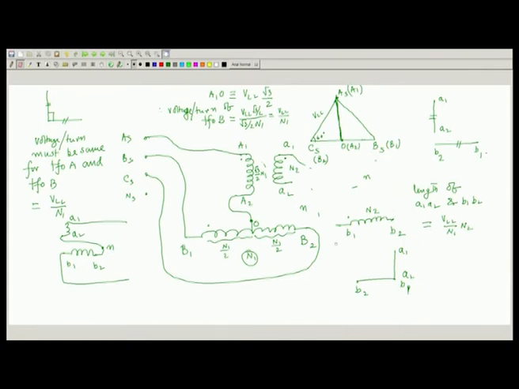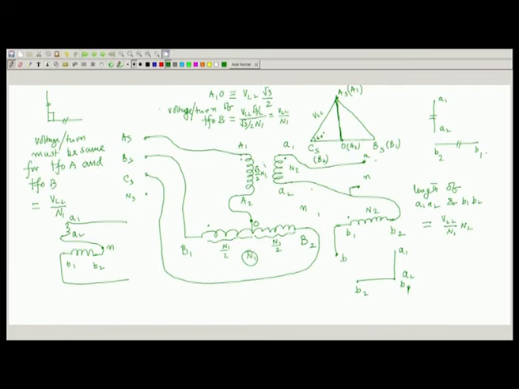So, what I am telling is, this is B1 B2 I have drawn, and these are the voltage phasors like this. What I will do now is join A2 and B2 together and call this my neutral, and I will take output from this as A phase and from this for B phase.